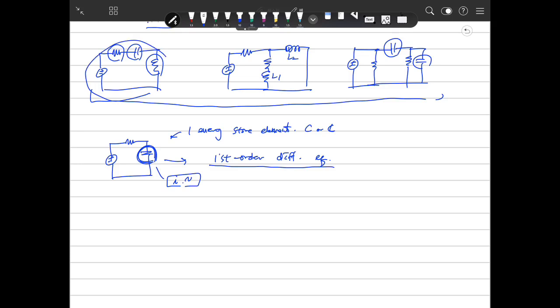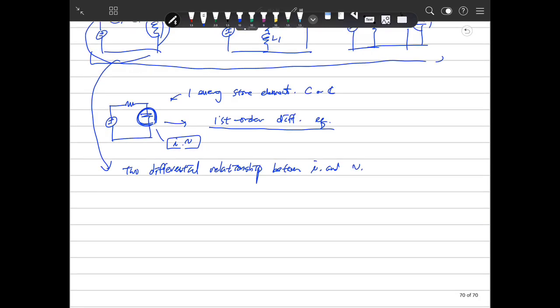But in this case, we have two different energy storage elements. Because there are two differential relationships between current and voltage. In the case of a capacitor, i is C dv/dt, and for an inductor v is L di/dt.